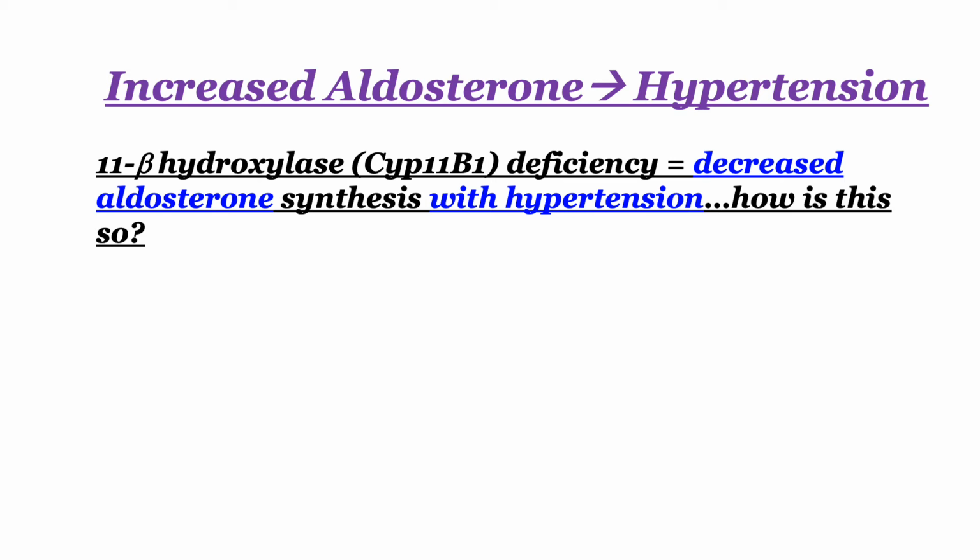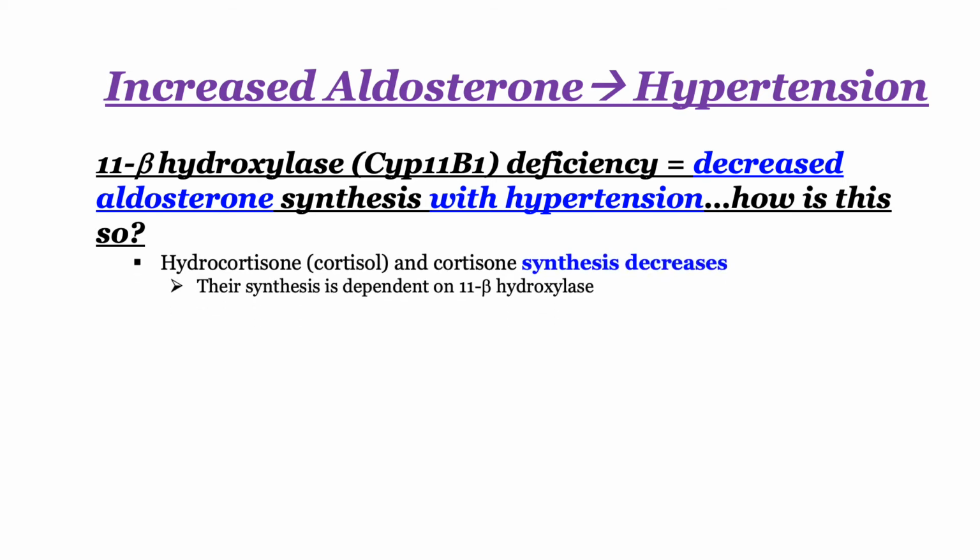So the paradigm becomes increased aldosterone signaling leads to hypertension. But in 11-beta hydroxylase deficiency, there's kind of this paradox. They have decreased aldosterone synthesis with hypertension. How is this possible? Moreover, their hydrocortisone and cortisone synthesis decreases because the synthesis of those hormones is dependent on 11-beta hydroxylase activity.